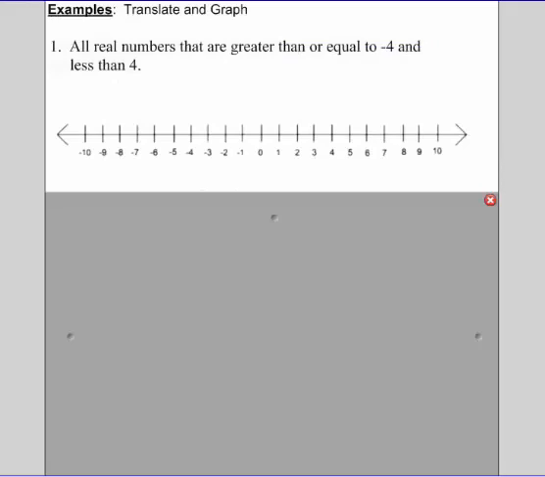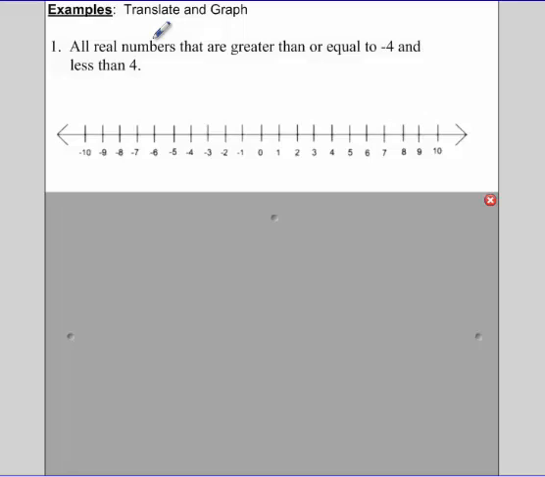Let's look at translating words into mathematical inequality expressions. The first is to translate all real numbers that are greater than or equal to -4 and less than 4. The phrase all real numbers represents the x variable.